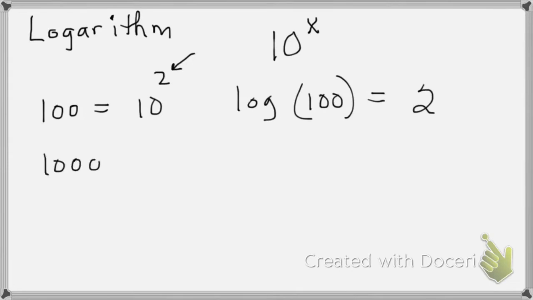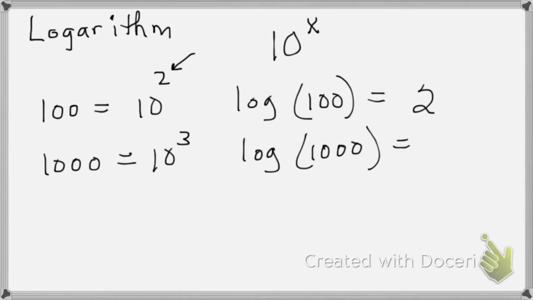1,000, 10 cubed, the log of 1,000 would be 3. So clearly, the log of a number, say, such as 625, which is between 100 and 1,000, its log is going to be between 2 and 3.